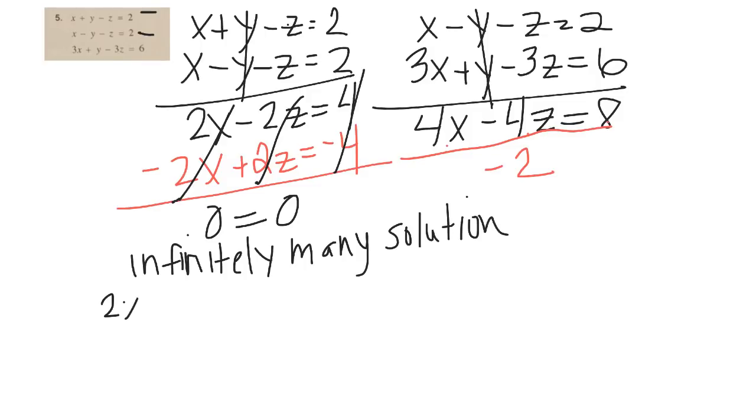2x minus 2z equals 4. And I can choose to solve for whichever variable I want. Say I want to solve for x. So I'm going to add 2z.